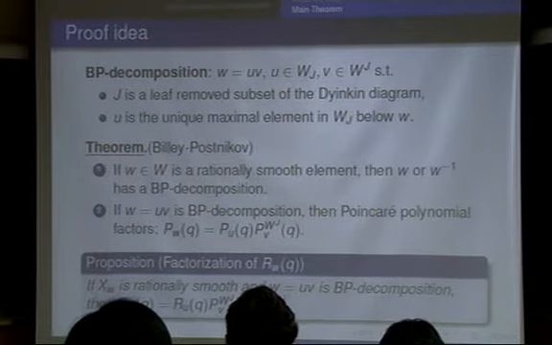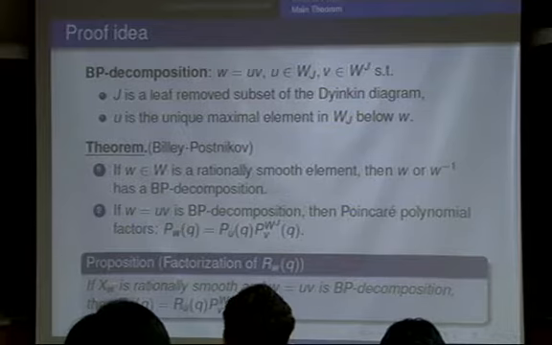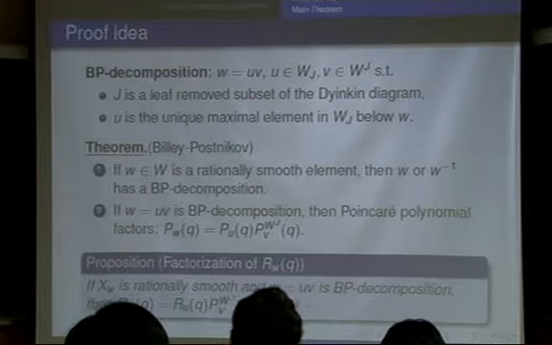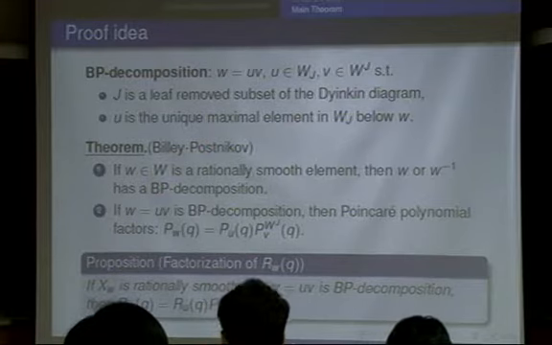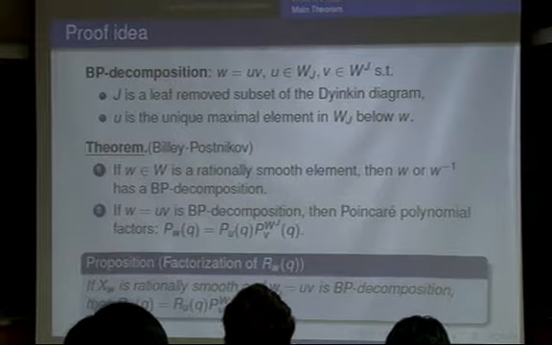And our theorem is when the Schubert variety is rationally smooth, and this is the BP decomposition, then the region polynomial factors like this. Here, this P_V is just the same as this P_V, and U has strictly smaller length than W, so we can just use induction on the length, and we prove the theorem.